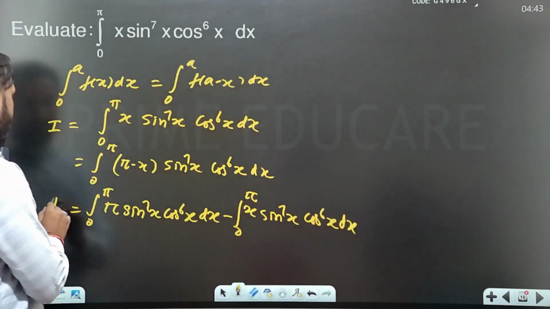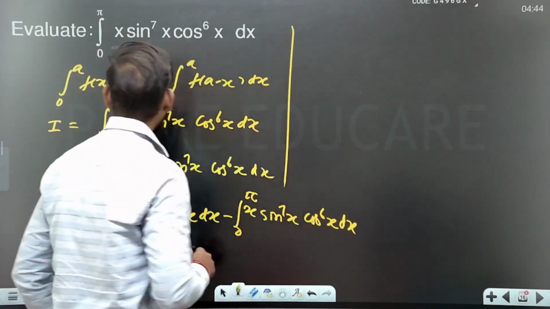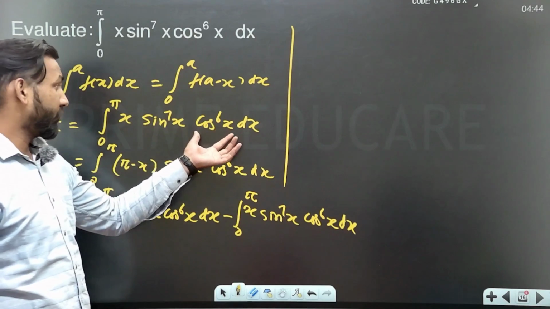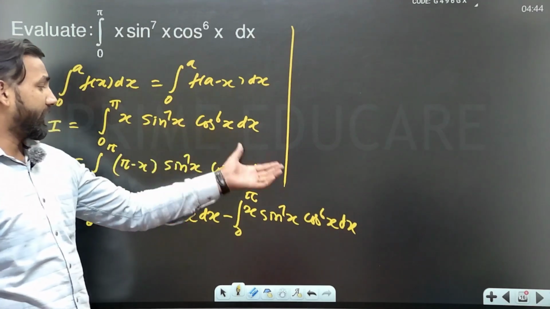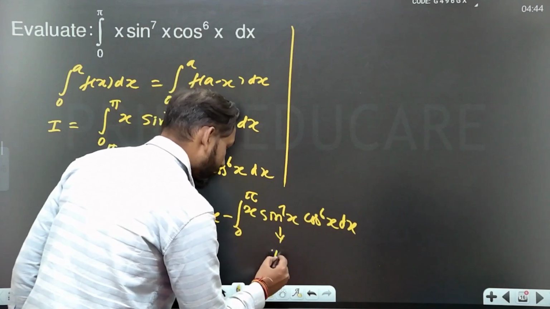And here is I. Now, what do we consider I? I is nothing but the integral from 0 to pi of x sine to the power 7 cos to the power 6 dx. Then this will also be I, right?